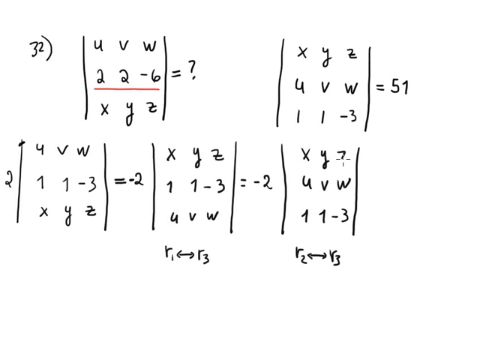And when you interchange, again, 2 rows, you must change the sign. So now it's positive here. So far the answer is positive, and this is identical to the given determinant of 51, multiplied by 51. And the answer is 102, which corresponds with the option D.